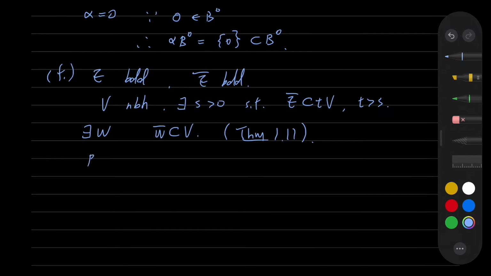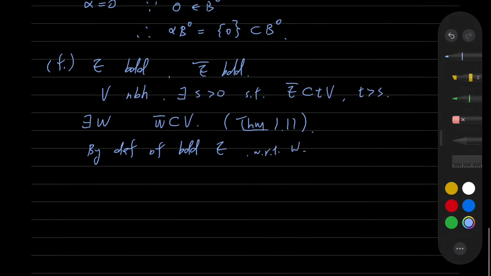By definition of boundedness, applied to E with respect to the neighborhood W, there exists a positive number S such that E is contained in tW for t larger than S. And we just take the closure of both of these sets.